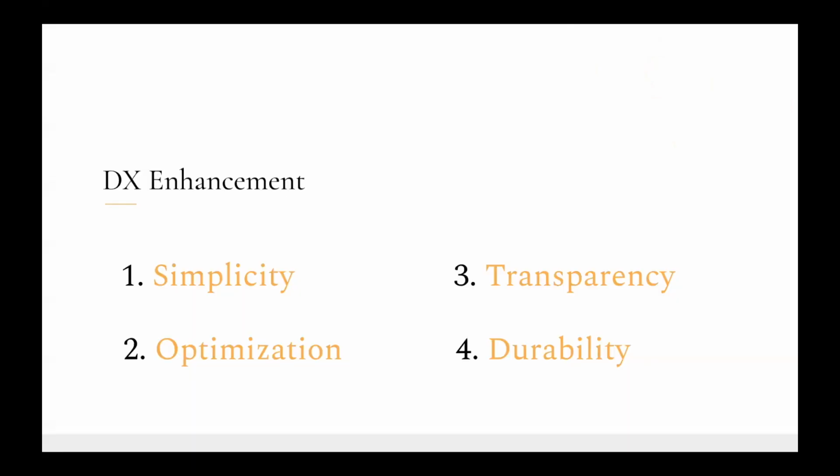Now, when we think about any DX enhancement, there are 4 main principles we can take into account. There's going to be simplicity, optimization, transparency, and durability. With the simplicity principle, if we introduce any new commands to be consumed or any new interfaces, it really needs to concentrate on being simple to consume.